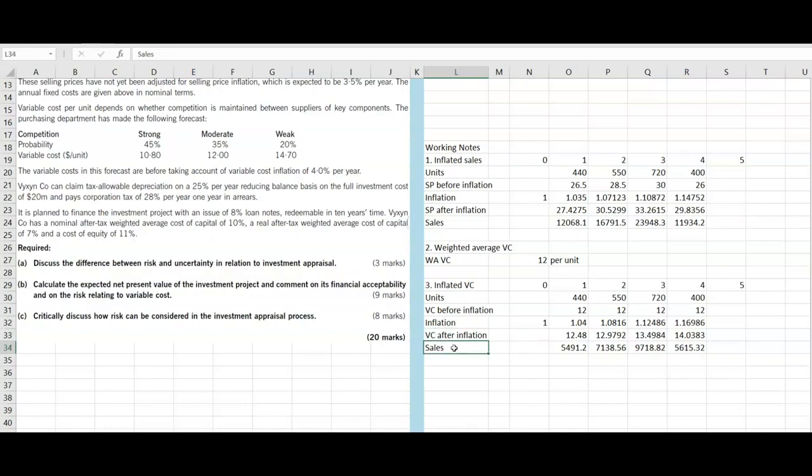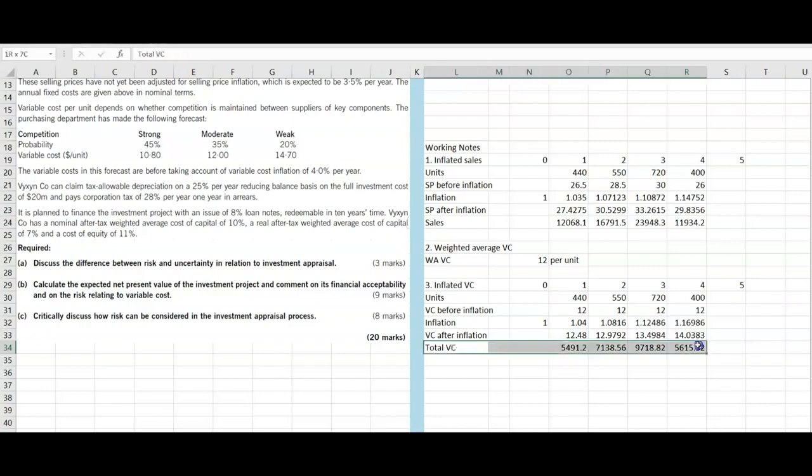So here you will get the total variable cost. Check whether this is multiplied properly. Yes, it's units into variable cost after inflation. So that is the right answer.